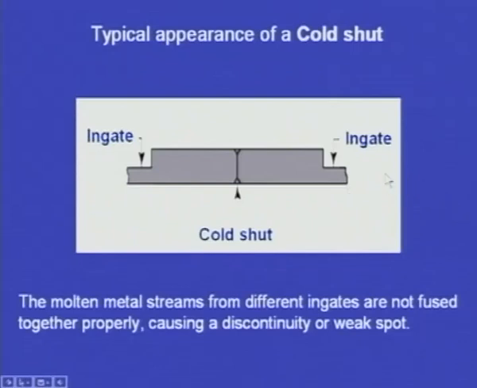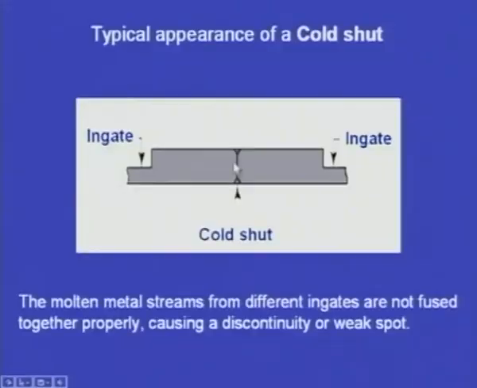Molten metal is passing through this ingate and through this ingate, and two streams of molten metal are entering into the cavity in two directions, and these two streams are supposed to join and fuse together perfectly, but unfortunately due to some reasons they are not fused properly.